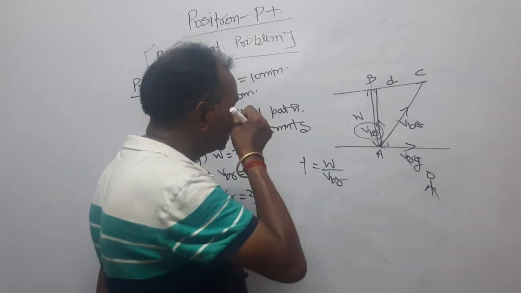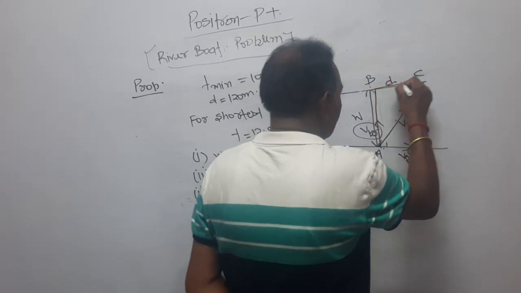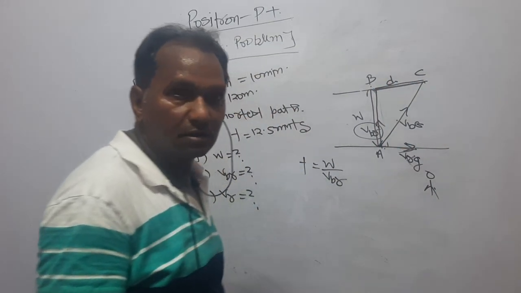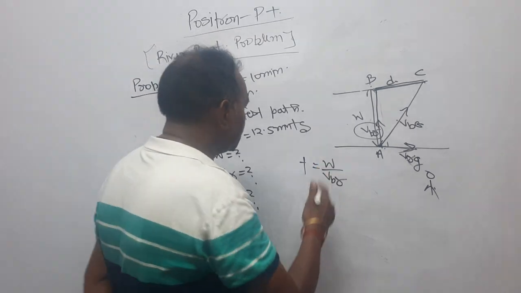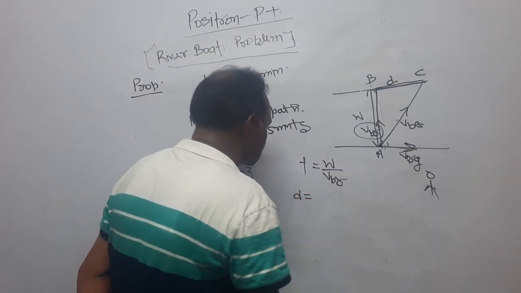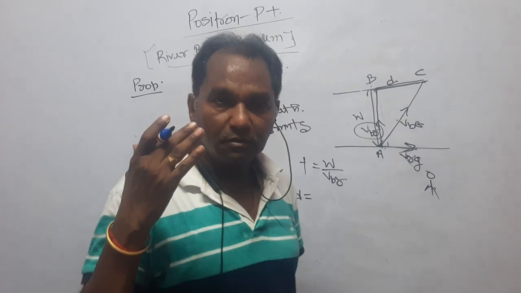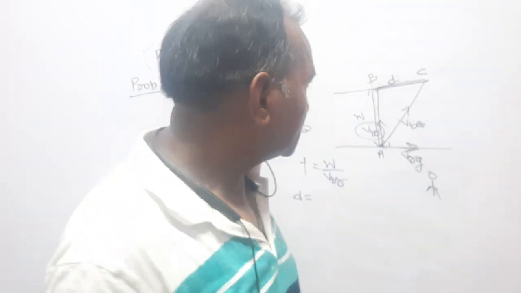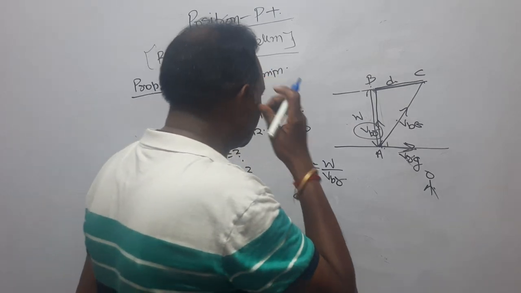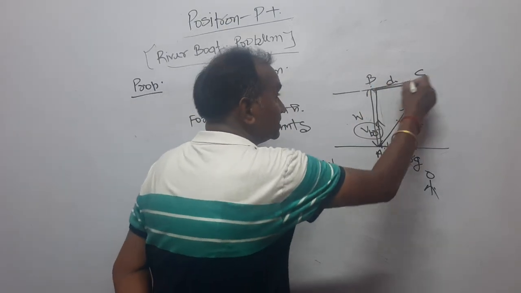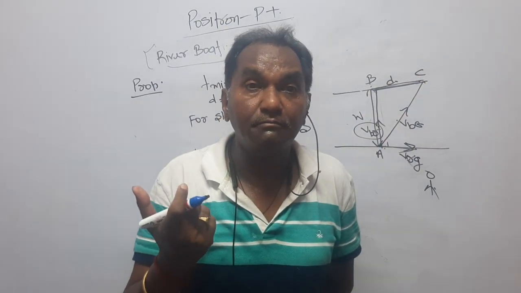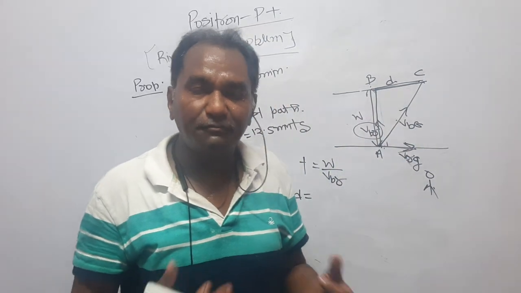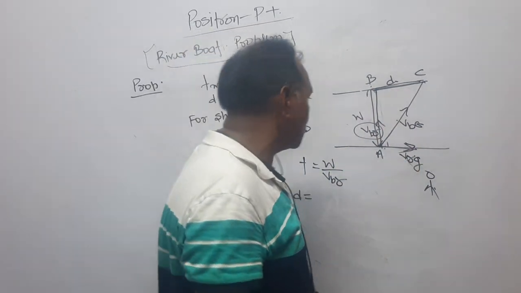Now look here, dear student, why does this drift come? It is because of the flow of the river, right? So the drift is equal to distance is equal to velocity into time, right? And velocity for the horizontal drift, why is the boat drifted horizontally? It is because of the flow of the river.